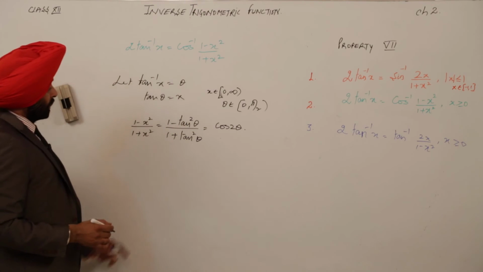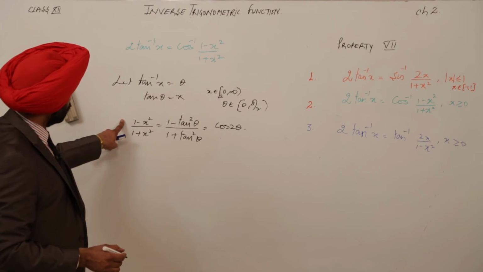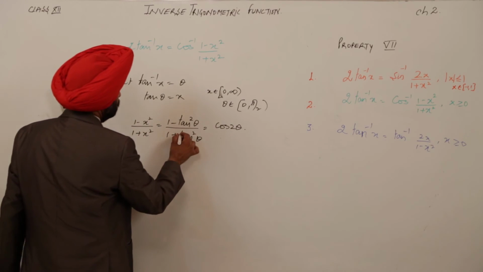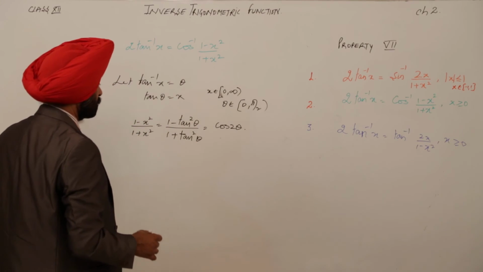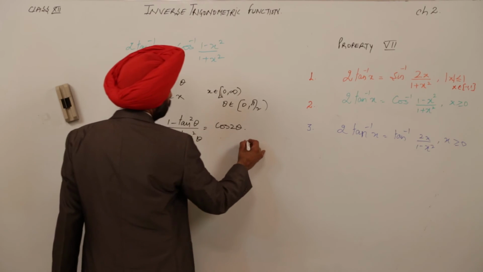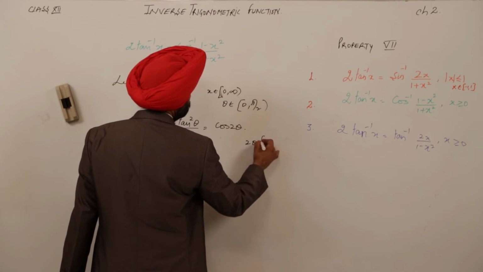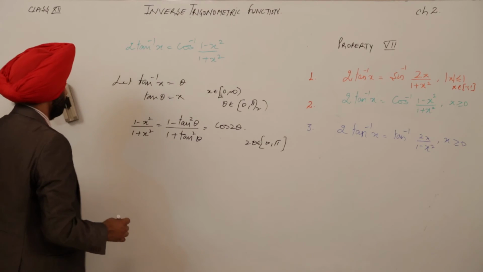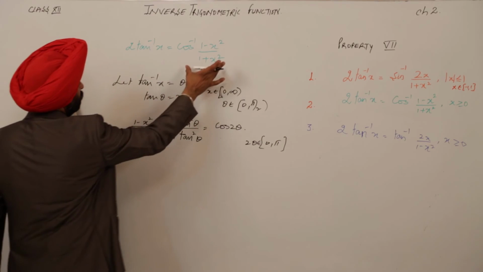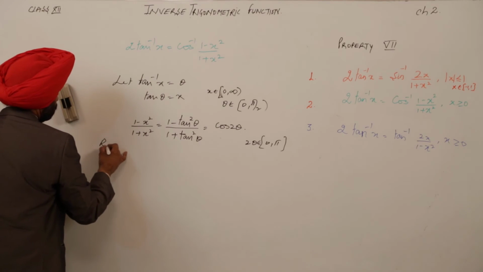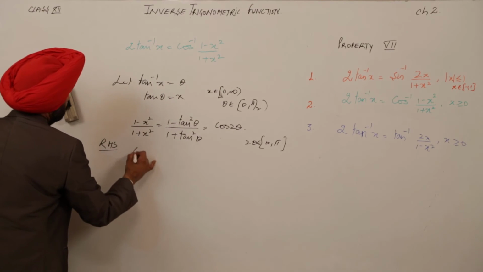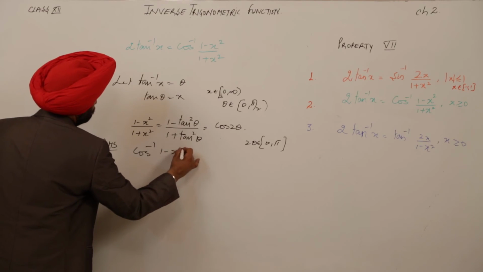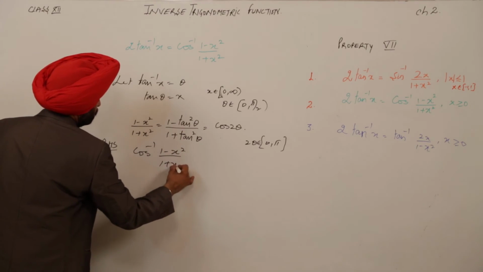So now we are having 1 minus x square upon 1 plus x square is equal to 1 minus tan square theta upon 1 plus tan square theta, which is equal to cos 2 theta. Now here 2 theta belongs to 0 comma pi. Putting it to the right hand side, we have cos inverse of 1 minus x square upon 1 plus x square.